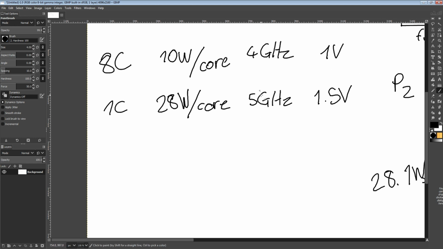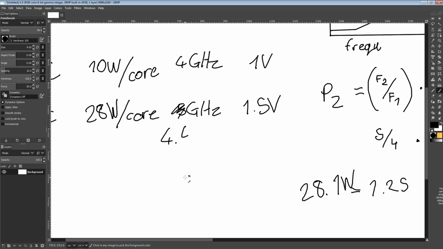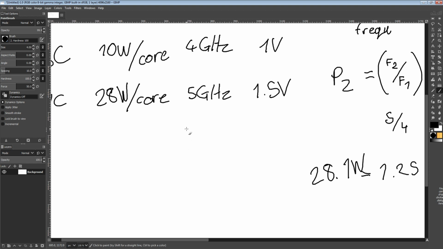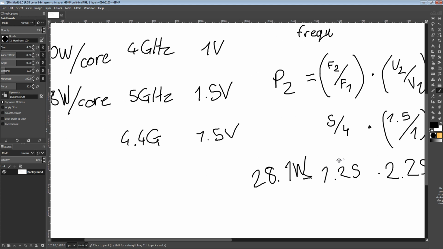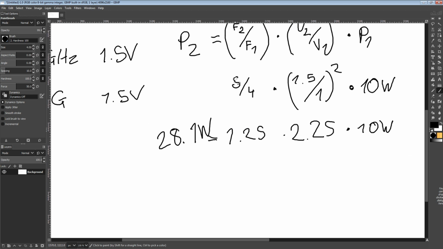Now, what if our chip didn't scale very well with frequency? Let's say it scales only 10% in frequency for the same increase in voltage, so 4.4 GHz and 1.5 volts again. The thing is, if we literally didn't tweak the frequency at all, if we just went 4 over 4, which is 1, you'd still end up with 22.5 watts of power consumption.